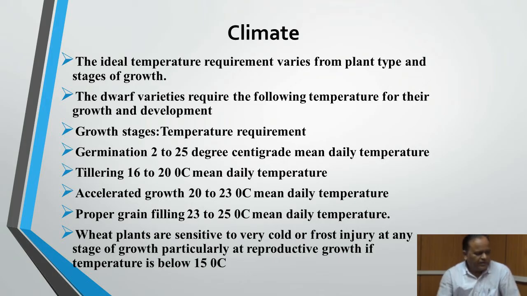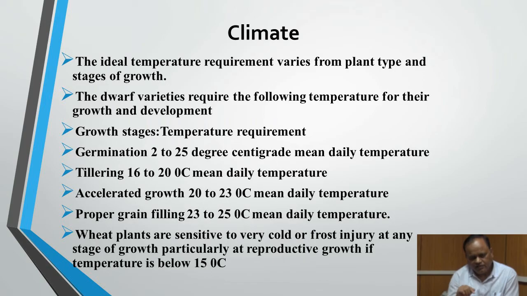Next, the climate. As we have already said, the temperature requirement of wheat is different for different stages. For germination, 20 to 25 degrees Celsius.